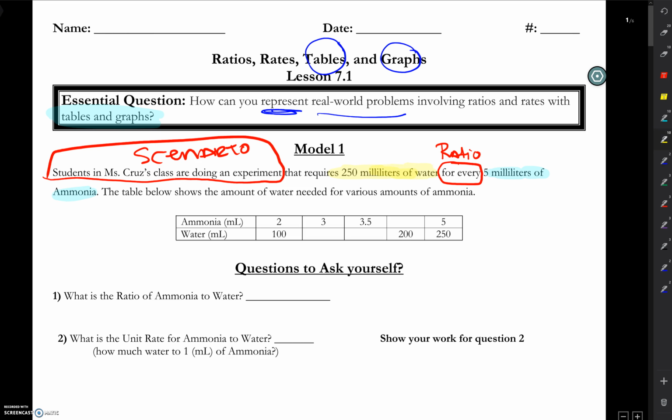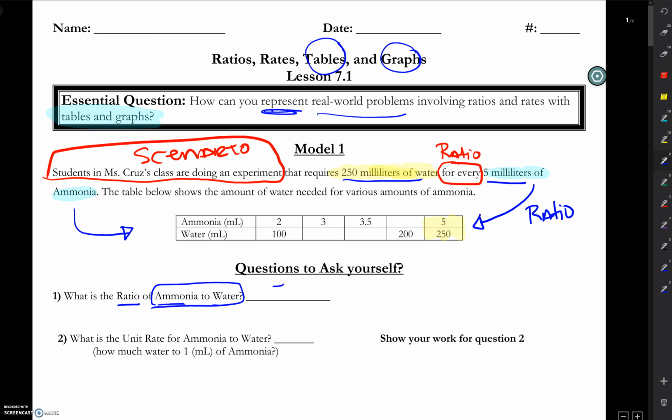So now, the table below shows this. And so it's 250 milliliters of water for 5 milliliters of ammonia. And so we have that here. It's already written down. This is our ratio. Now, what we need to find is what is the ratio of ammonia to water.